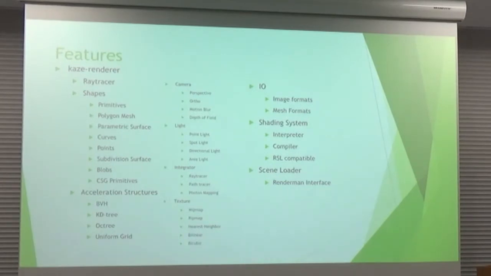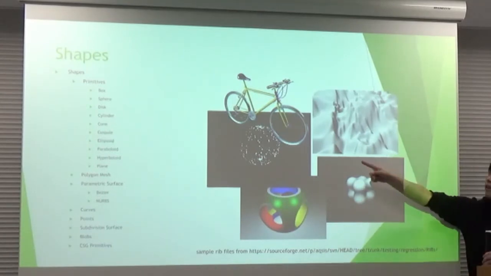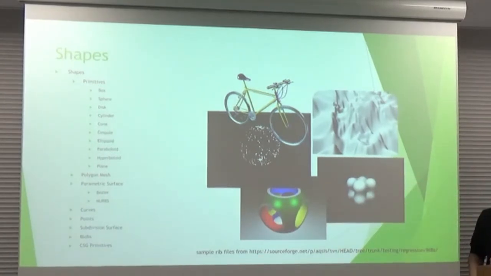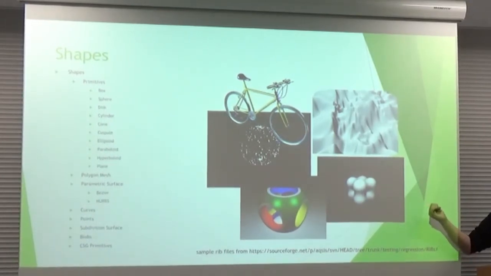The CAD renderer can render various types of shapes like this. This bike consists of polygons, cylinders, and spheres, a variety of shapes.